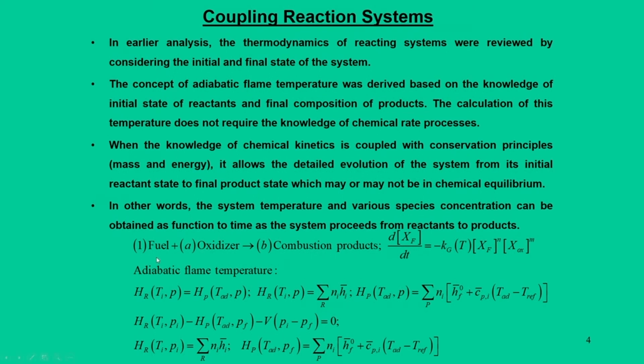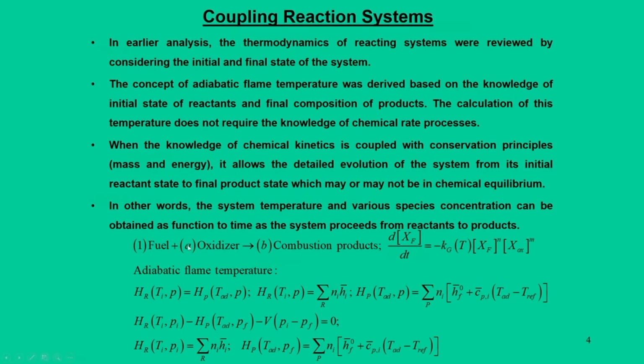If you look at combustion situations, fuel mixes with oxidizer and gives the combustion products, and with time the concentration of fuel keeps on decreasing. The rate at which the combustion products are formed depends on the global rate coefficient Kg.